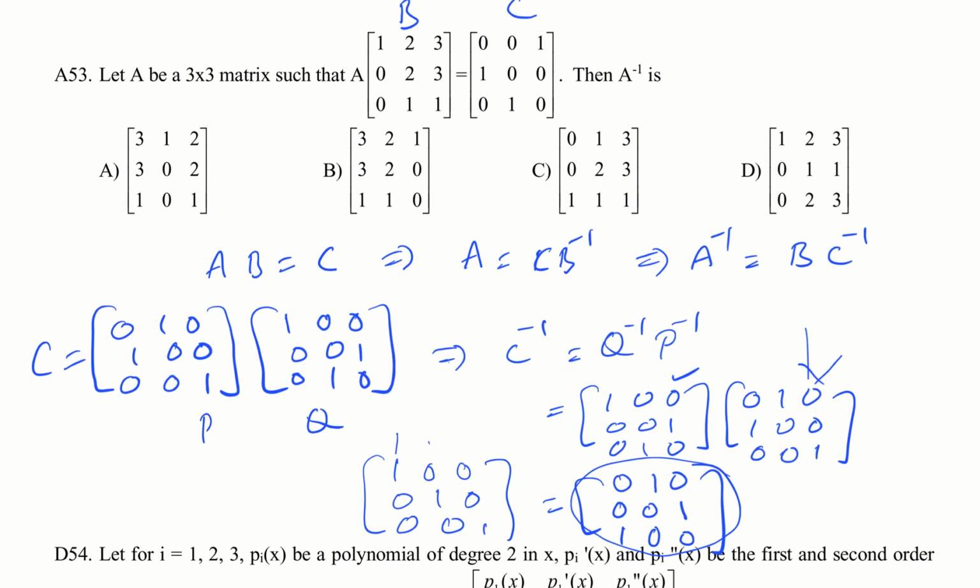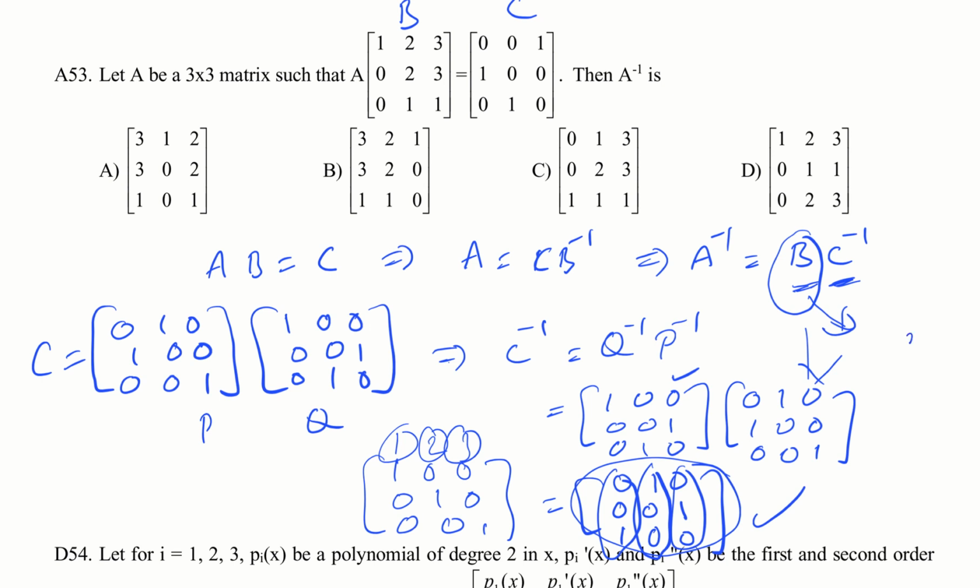If these are the columns 1 2 3, you can see that here they became like this. This is 1 now, this is 1, and this is 2, and this is 3. So that is the same effect you get when you post multiply a matrix with C inverse. That is the effect you see in the product. So when I take B into C inverse, the effect will be in the columns of B. So the columns of B will become like that.